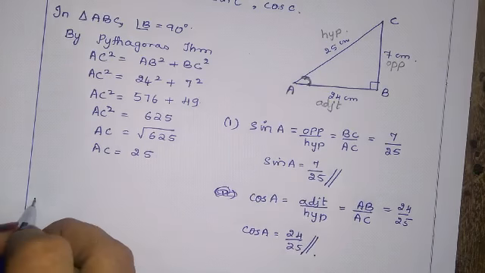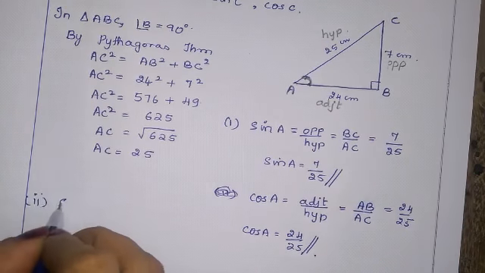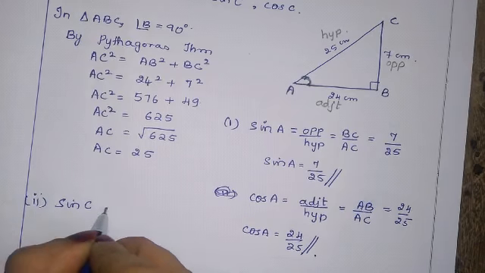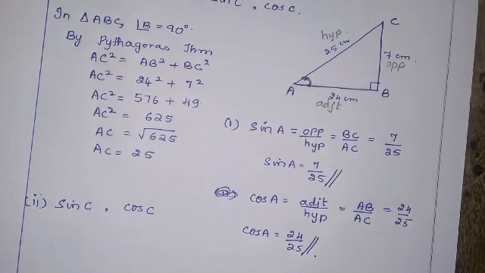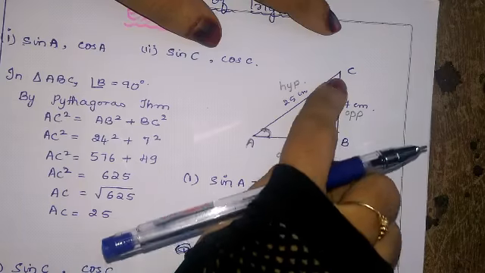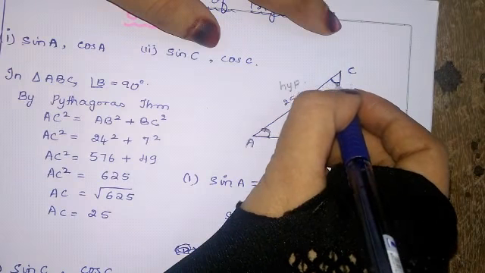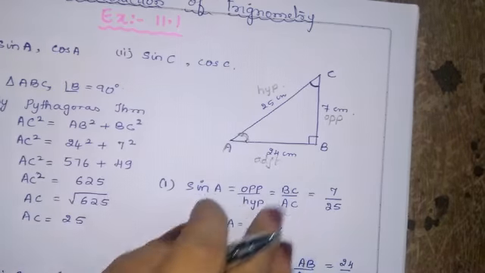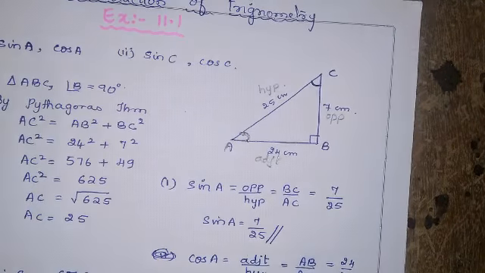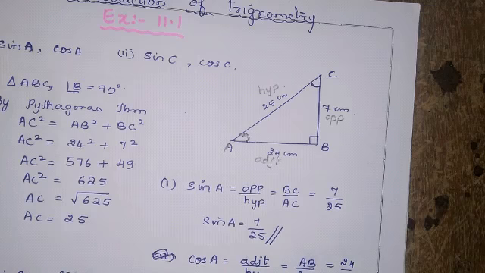But in the second part, they have told sin C, cos C. Okay, let us see. Sin C, in the sense that the angle will be here. We will focus on the triangle now, which is the very important part. You should not get confused.